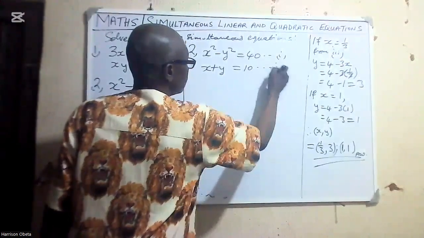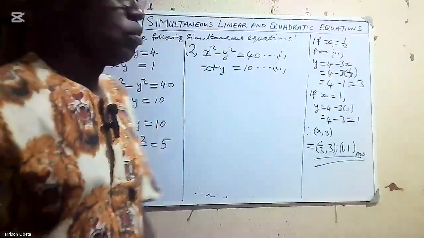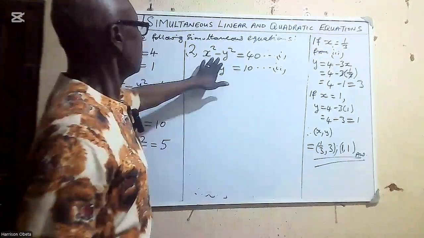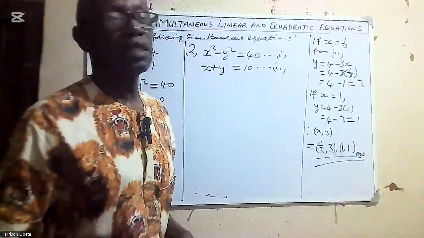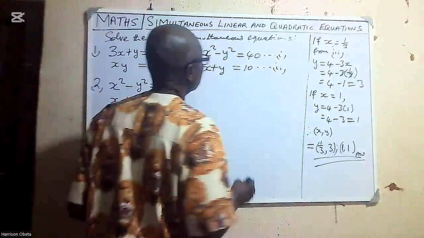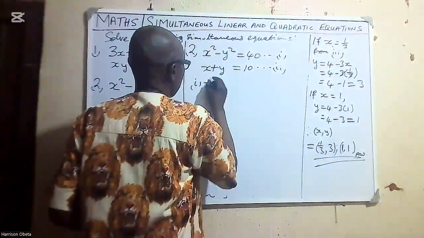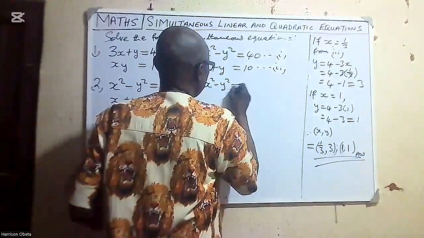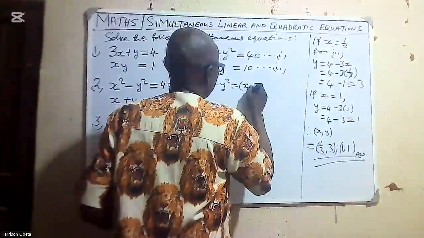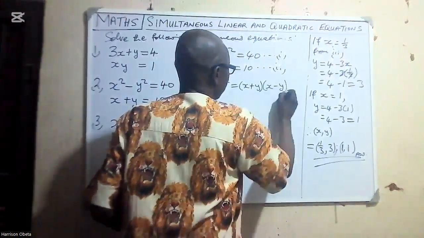This is equation 2. And you discover that if you look at the question very well, we can use difference of 2 squares to express equation 1. So in equation 1, x squared minus y squared is the same thing as x plus y, x minus y.